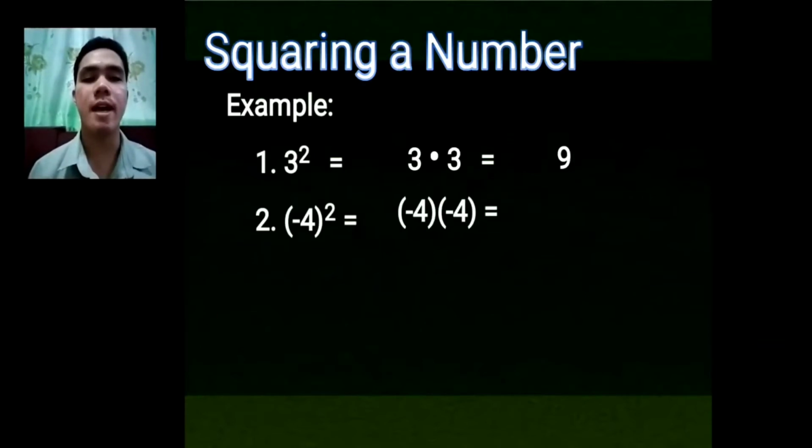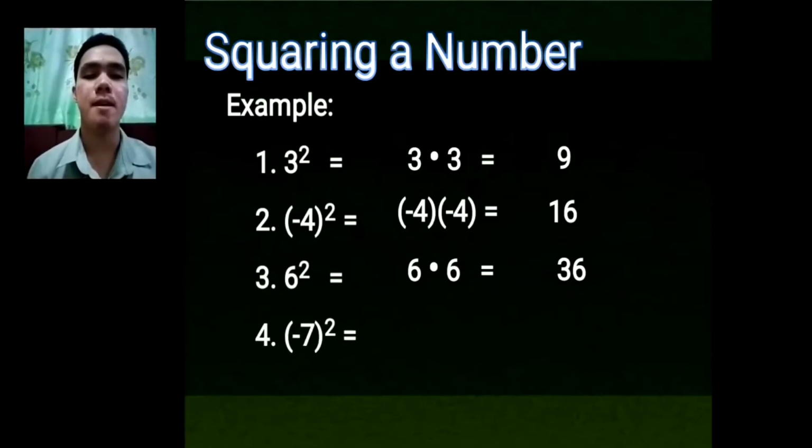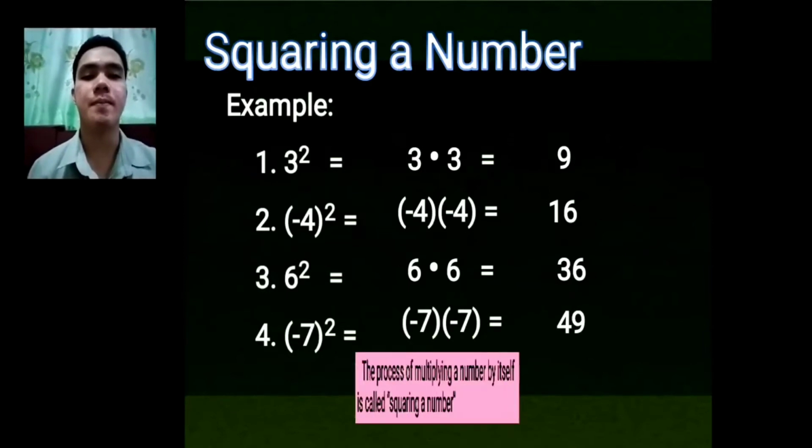Negative 4 times negative 4 is positive 16. How about 6 squared? That is 6 times 6, 36. Then, negative 7 squared. Negative 7 times negative 7 is positive 49.